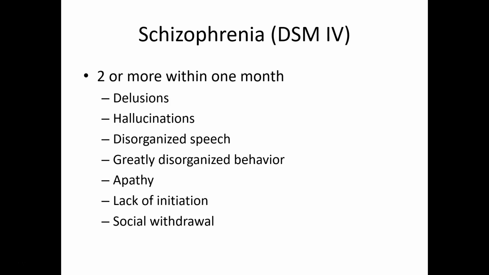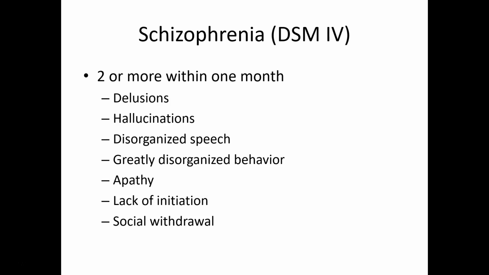Now, these criteria were not refined until about the 1970s or so. A lot of the times, these were previously diagnosed as other types of mental illnesses. Now, in the DSM-IV, there were different subtypes of schizophrenia. So, for example, it was not that common to hear about a paranoid schizophrenic or a catatonic schizophrenic or a disorganized schizophrenic.